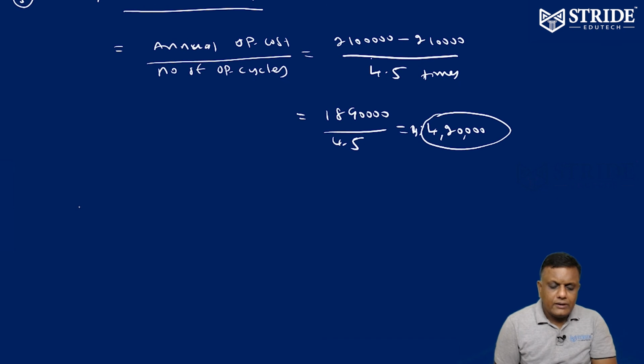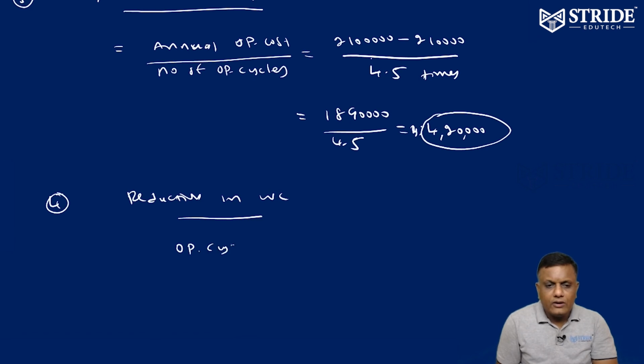The fourth question, reduction in working capital. They are going to accept prepayments only. They are going to stop all credit sales. So the debtor period is going to be cut, and the operating cycle period is going to change.